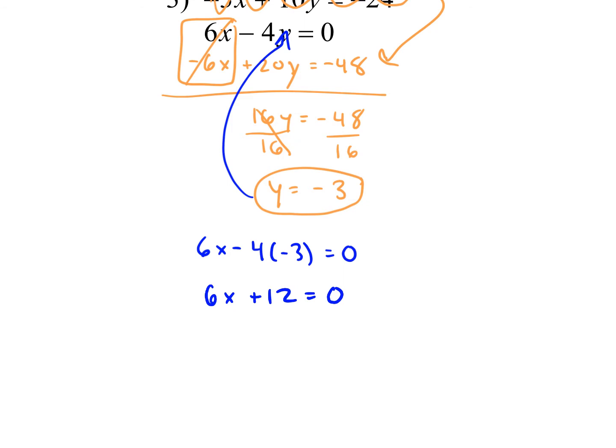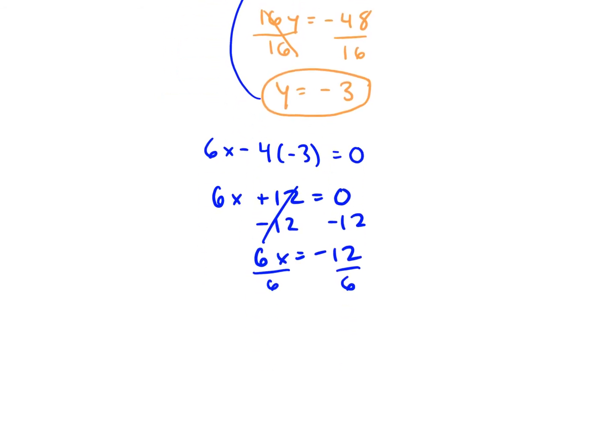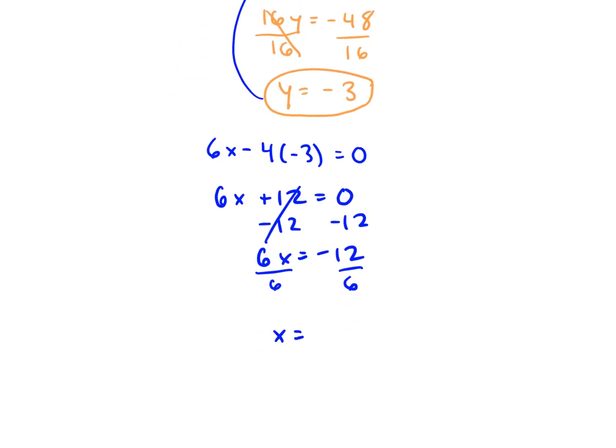Then what should I do? Subtract 12 from both sides. So 6x is equal to negative 12. Divide both sides by 6. So x is equal to negative 2. How should I write my answer? Negative 2 comma negative 3.